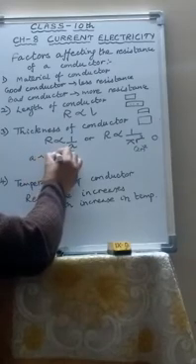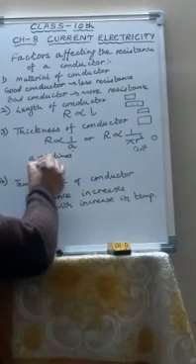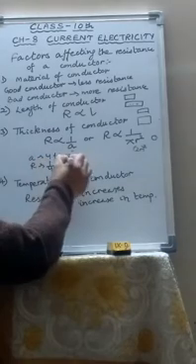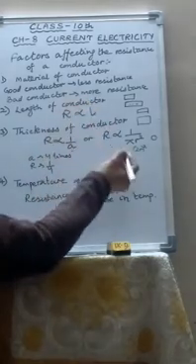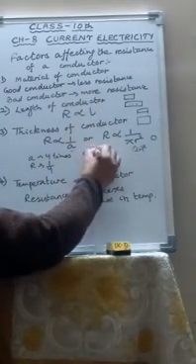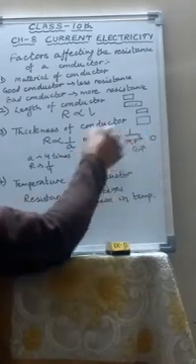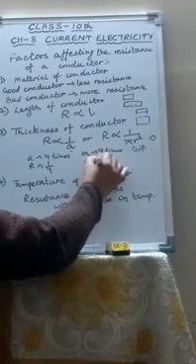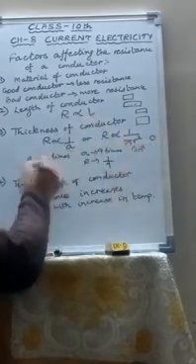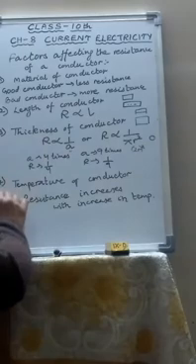Area becomes 4 times, resistance becomes 1/4. If the radius is tripled, area becomes 9 times, so resistance becomes 1/9. So like this you can calculate.